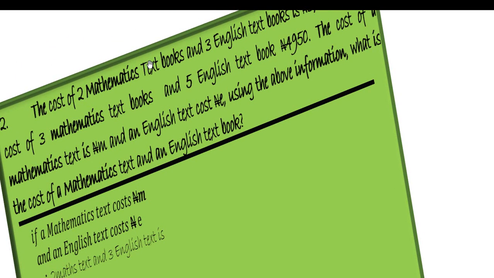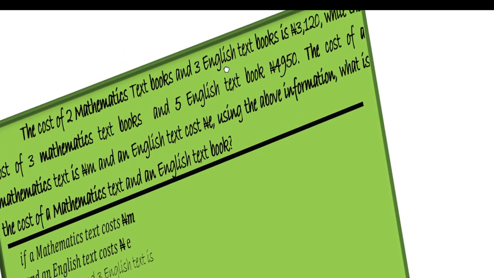That's going to be 2M plus 3E. 2 mathematics textbooks will cost 2M naira and 3 English textbooks will cost 3E naira. According to this information, when both are added, they give us 3,120 naira.